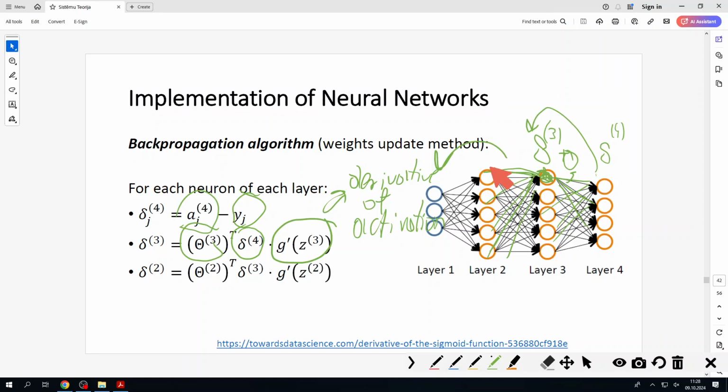So, as I said, quite a complicated way to get these formulas, but the idea of the formulas is quite simple.